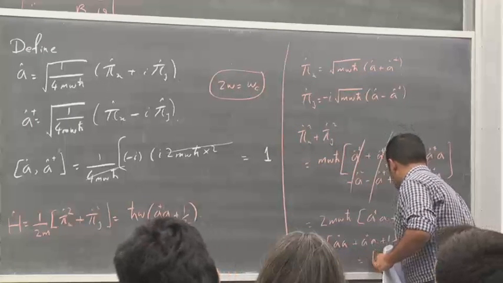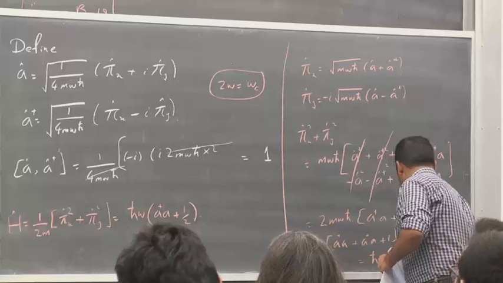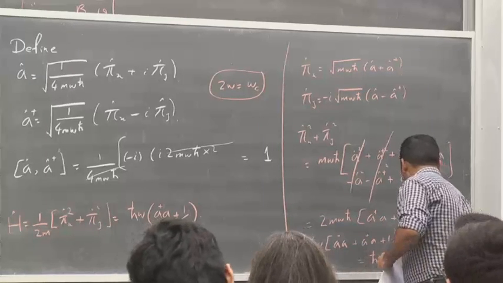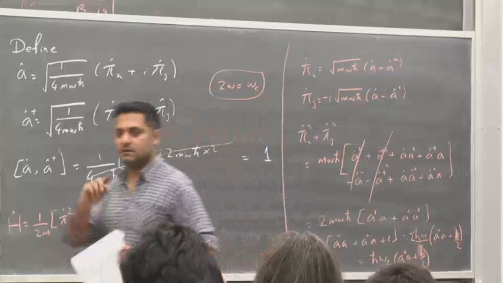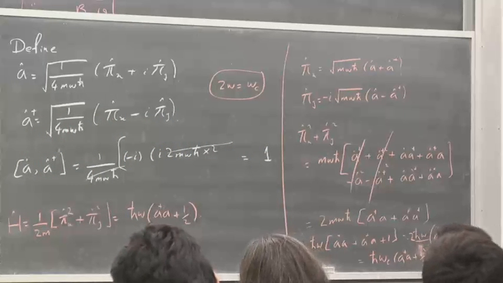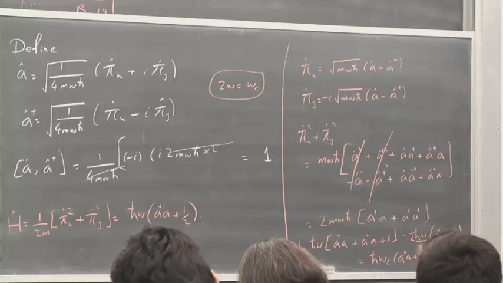Now it's fine: h bar omega_c times a dagger a plus half. So in terms of the cyclotron frequency, you are taking the jumps in this oscillator.